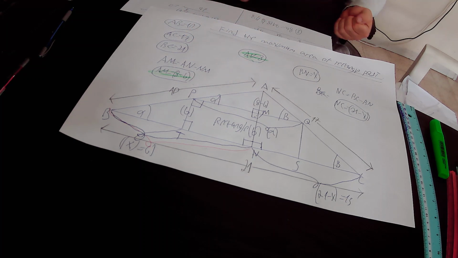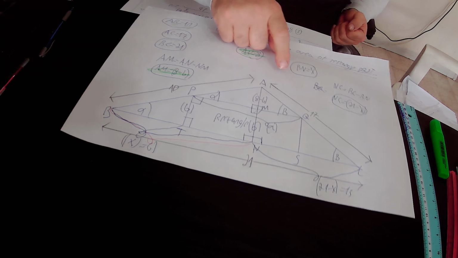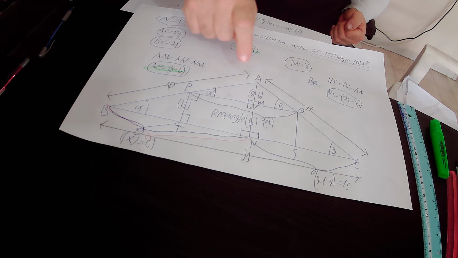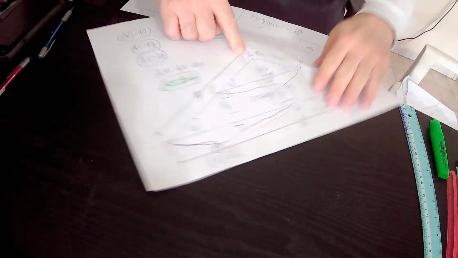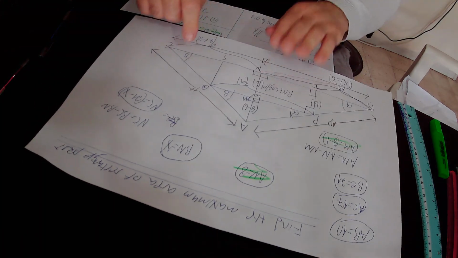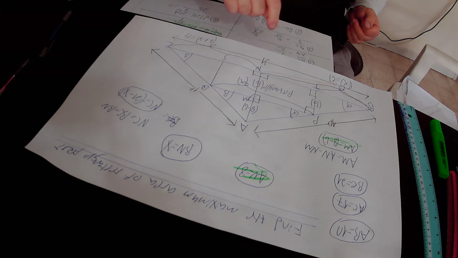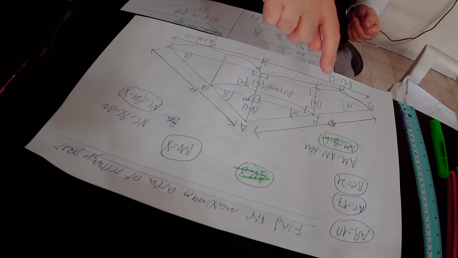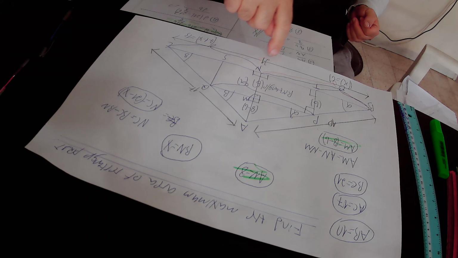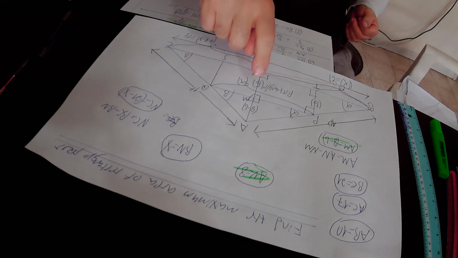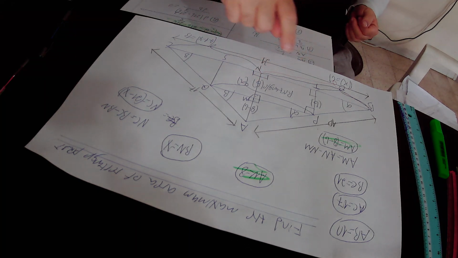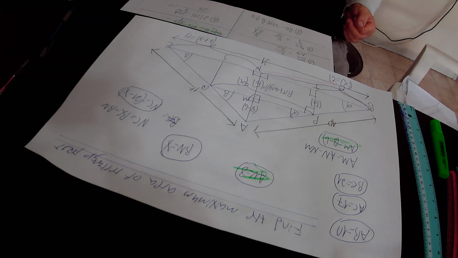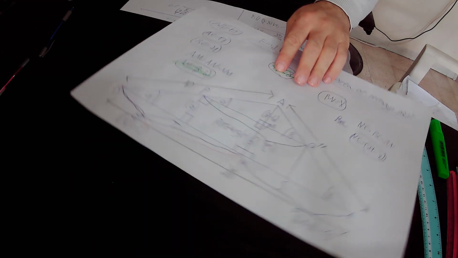But we also know that the opposite sides of a rectangle are equal to each other. So in this rectangle PMNT, side PT must be equal to the opposite side MN, but PT is B, therefore MN must also be equal to B. So what is the length of this line segment AM?